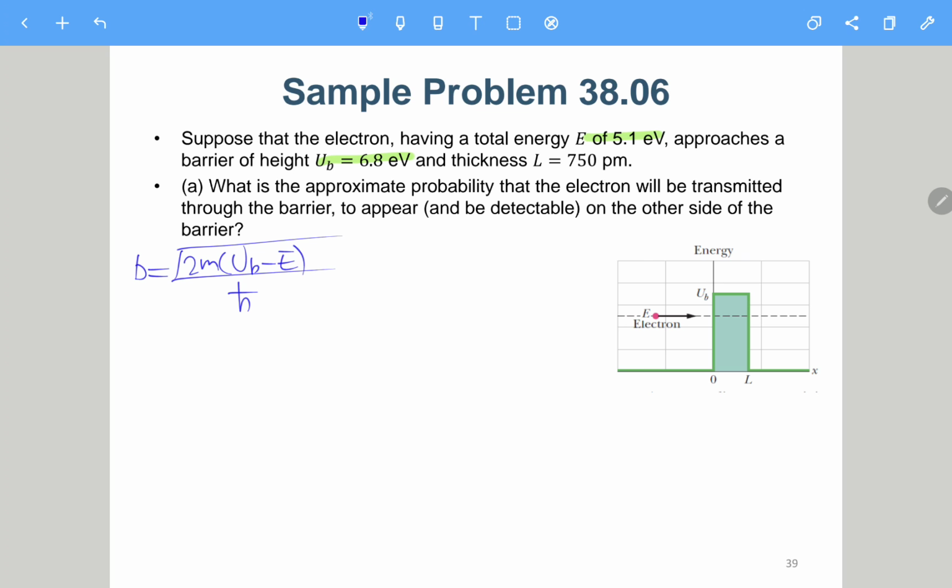So we just need to put in all the values. 2 times m, which is 9.11 times 10 to the minus 31, times 6.8 minus 5.1, multiplied by 1.6 times 10 to the minus 19. Then we take the square root, and divide by the reduced Planck constant, which is 6.63 times 10 to the minus 34 over 2 pi.